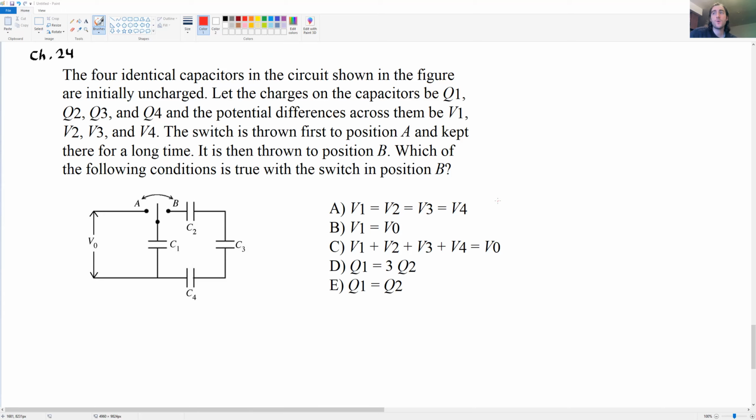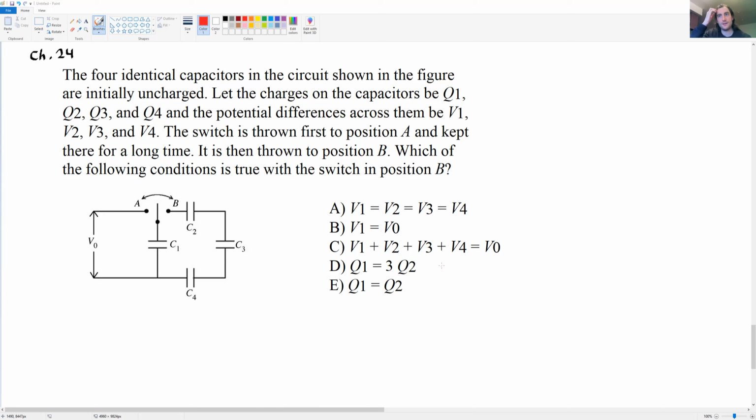The switch is thrown first to position A and kept there for a long time. It is then thrown to position B. Which of the following conditions is true with the switch in position B? Okay, so it's thrown to A, so it's to the left on your screen.